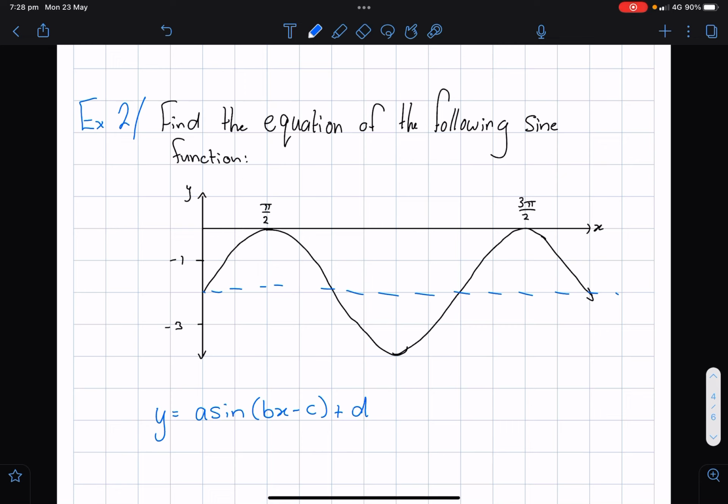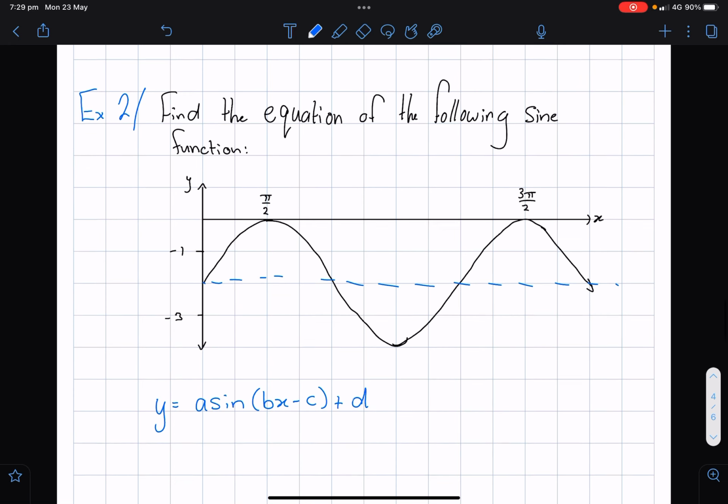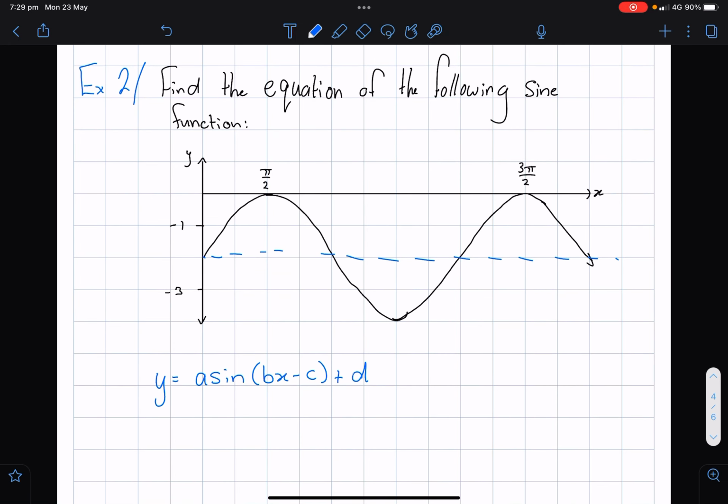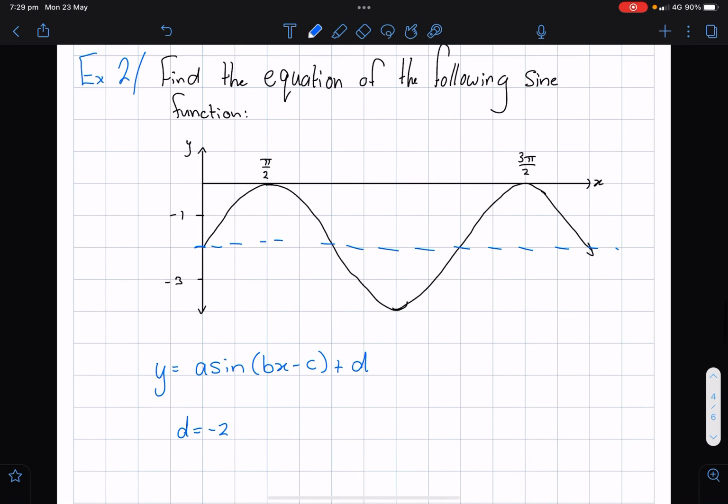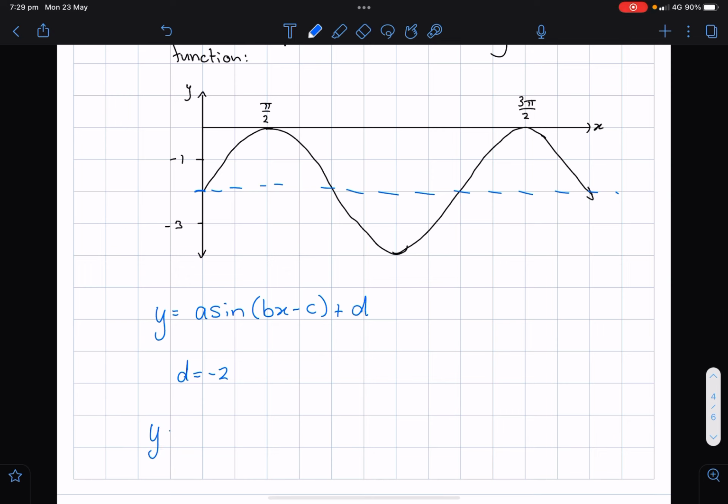Looking at this, we can see we have a vertical translation. That's d, and we also know d is the principal axis, which occurs at -2. So d is equal to -2. So y is equal to a sine (bx minus c) minus 2.